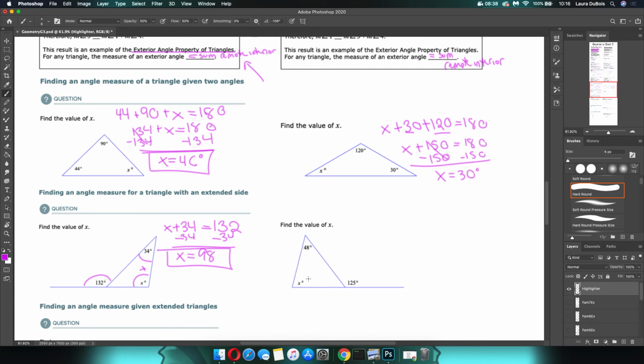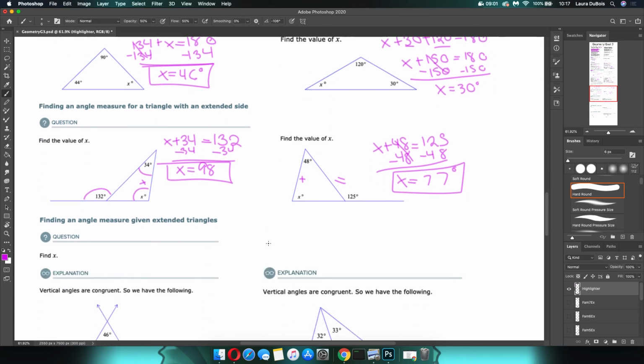There you go. Then these two equal the 125, so x plus 48 equals 125, minus 48, minus 48, x equals 77 degrees. So that's 4 topics right in a row that you can burn through really, really fast as you start going through this chapter.